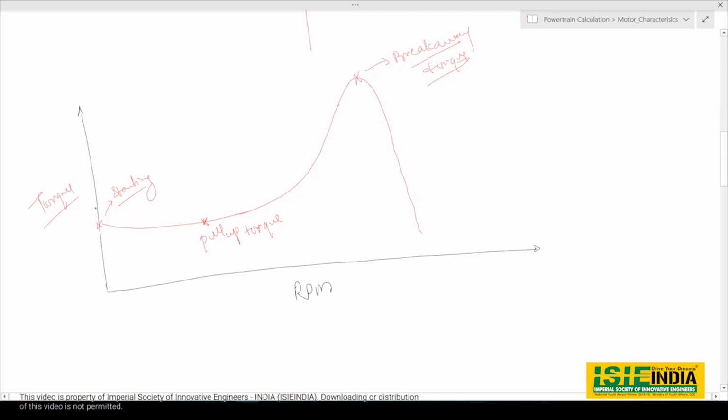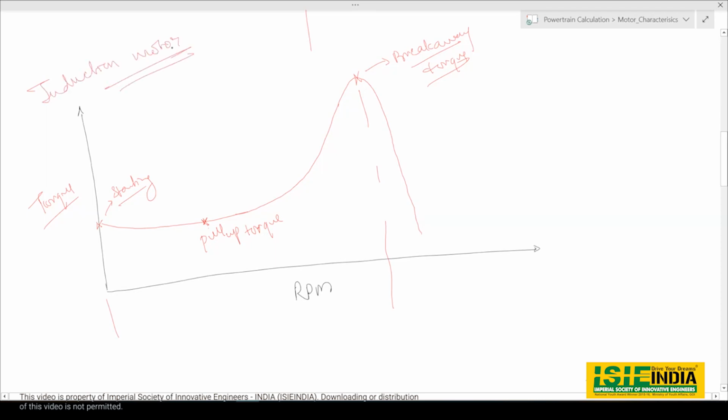Starting torque is at the start, and pull up torque is the minimum torque the motor will provide under the operating region. Usually for an induction motor this is the operating region. Then you have breakaway torque. I'll just write that this is for the induction motor.